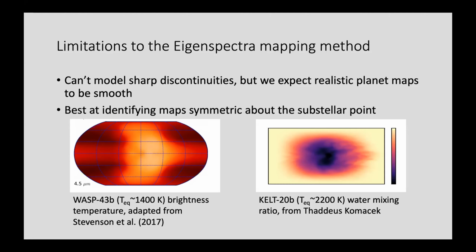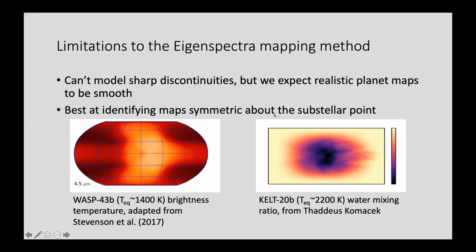across the day side. So here I'm just showing two different outputs from different circulation models for two different planets at different temperature points in this hot Jupiter regime where we would be applying this method. On the left-hand side here is a map of the brightness temperature of WASP-43, which is a relatively cool hot Jupiter that we could use this method for.